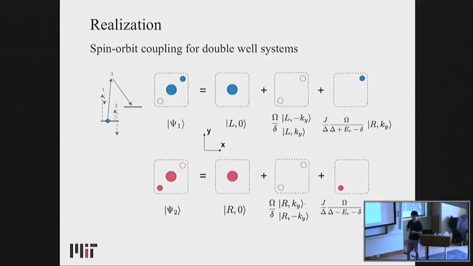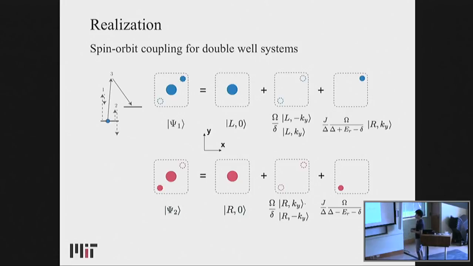If we go into some math, we can demonstrate all these terms. We have the original BEC sitting, for example, in the left well, and we have the two on-site terms, which means that we don't flip the spin, but we give a momentum transfer, and they're symmetric on both sides with opposite momentum transfer. Then when we scan the Raman detuning, we expect a resonant spin-flipping process, which gives a momentum transfer but also transfers the population from one well to the other well.